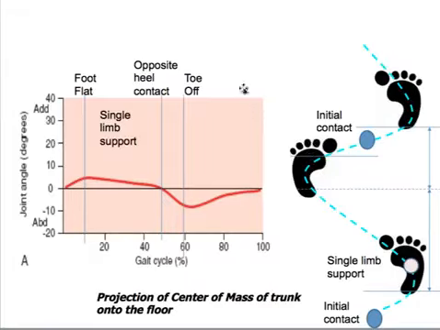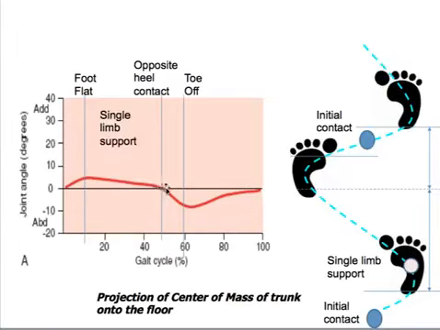Okay, so let's look at this graphic again, which shows us the hip angle during a gait cycle, and we can see that it matches up really well with the center of mass projection. So at initial contact on the limb that is going into single limb support, we can see that there's a quick adduction motion that's then accommodated, during single limb support, by a real gradual shift to the opposite side.